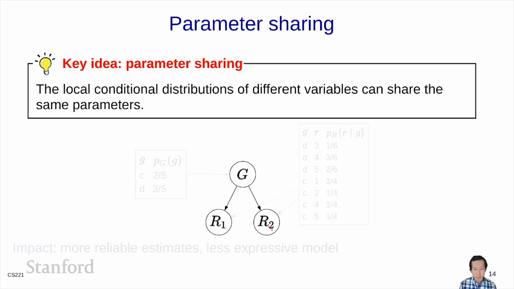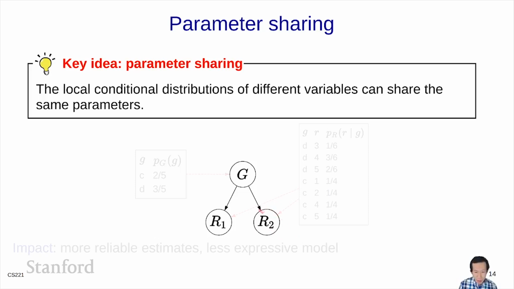So far, we've looked at Bayesian networks through the lens of inference, where we know that every variable comes with a local conditional distribution, but we didn't worry about where that came from. It was just there. But now for learning, it matters where it came from.